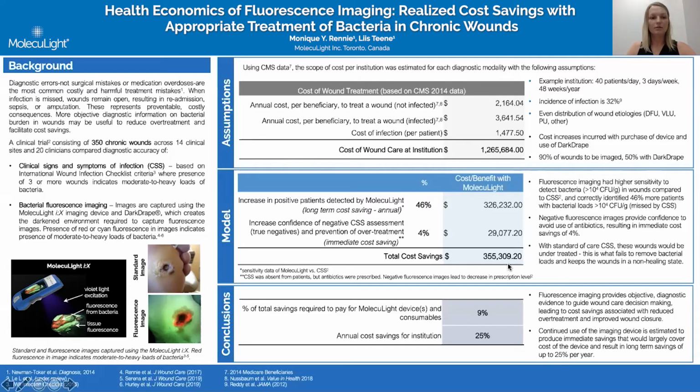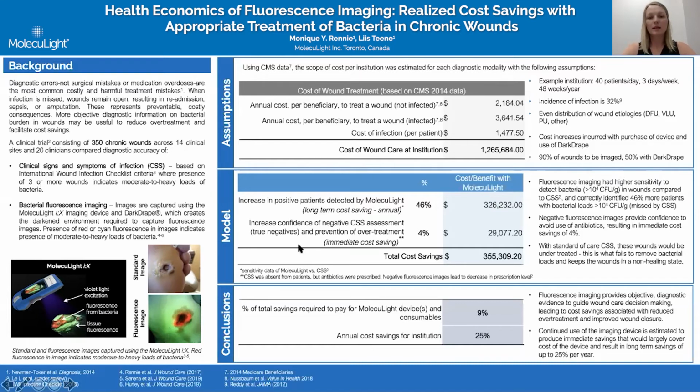Using the data from the 350 patient clinical trial, we know that the number of positive patients detected by MolecuLight was increased by 46%. This means that these patients were diagnosed with infections that would not have been diagnosed with clinical signs and symptoms alone. Knowing that an accurate diagnosis and appropriate treatment can alleviate the cost of infection, the estimated cost savings is shown here.